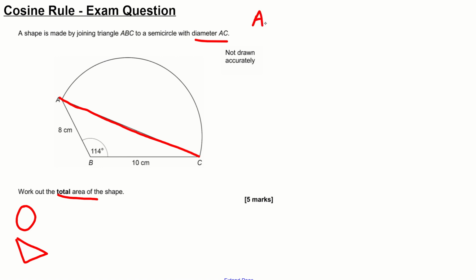So area, that means I need the radius. I need this distance. But before I can work out the radius, I actually need to work out all of that.